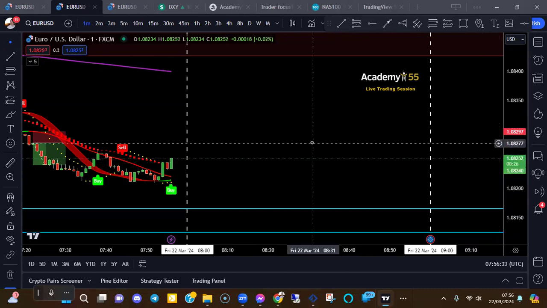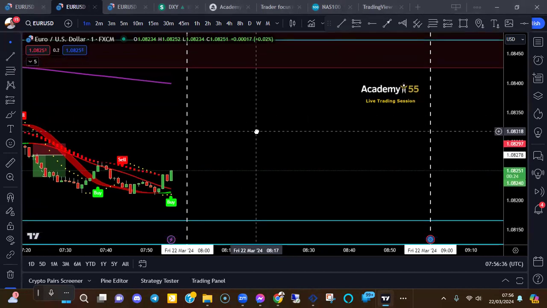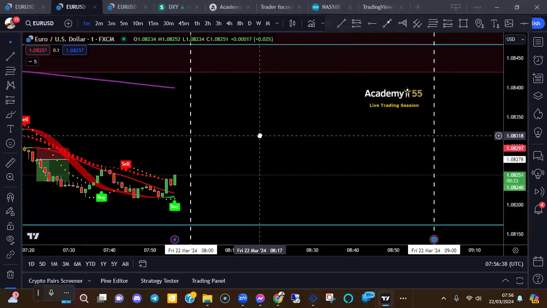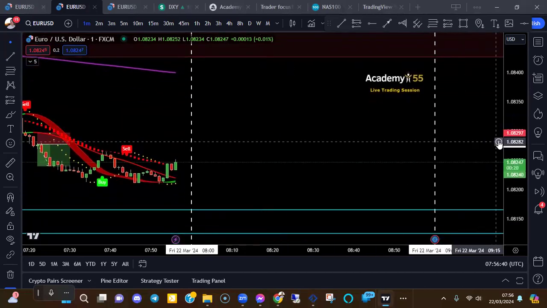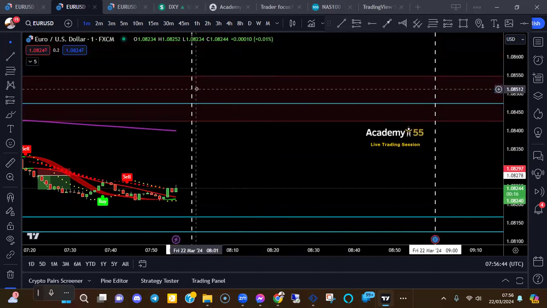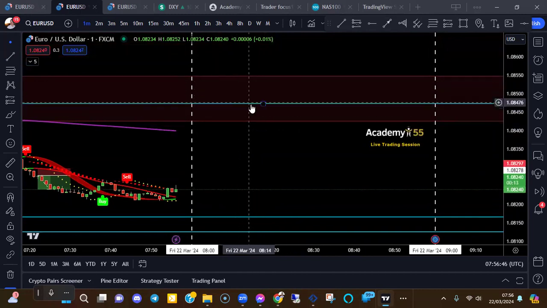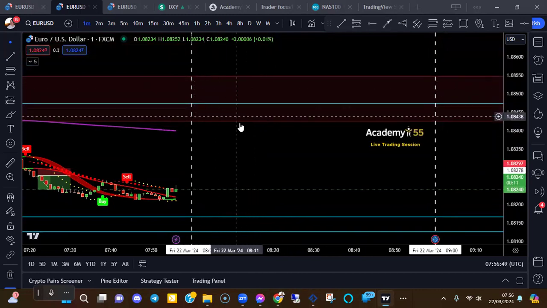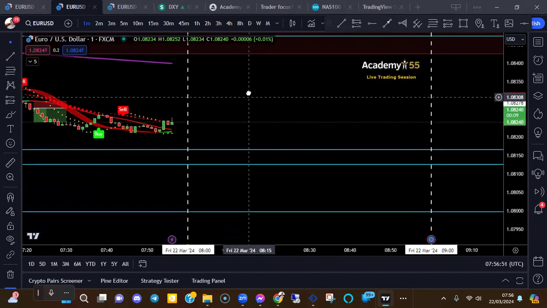So what can we see? Right, okay, so what I've done is I have drawn up my imbalances as normal on the 4-hourly time frame. We have a lot of fair value gaps, what we call FVG imbalances, up here where we know price needs to go eventually.